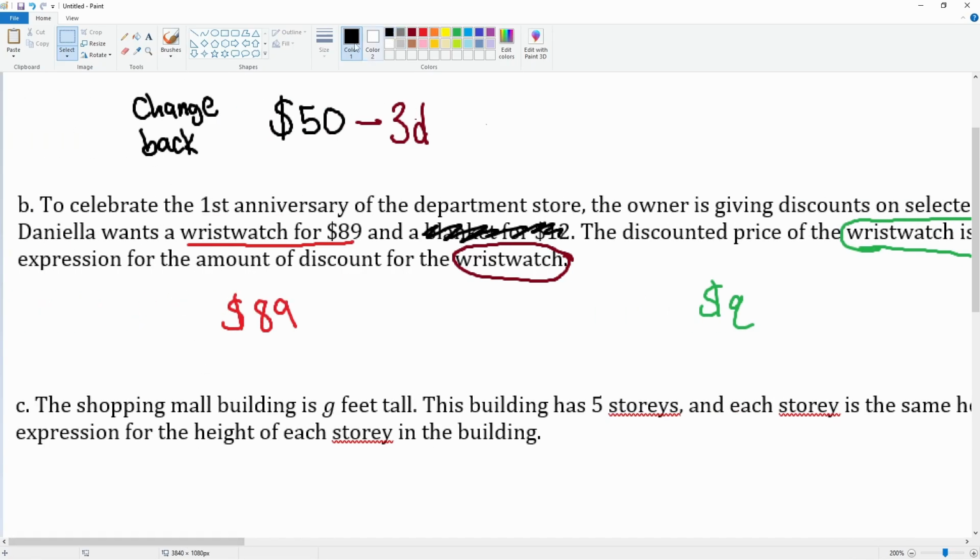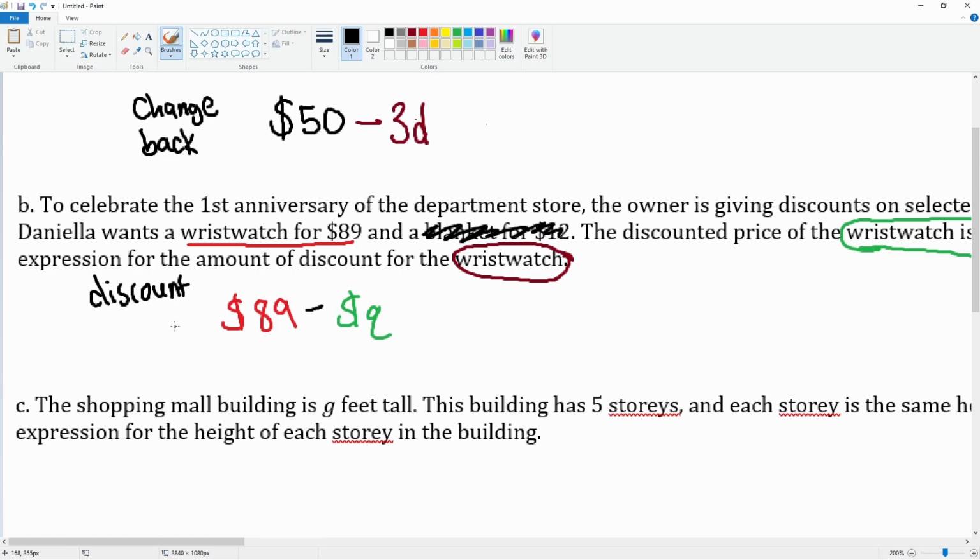Here's the discount, right? So what are we going to do with the Q dollars? Are we going to divide? No, because nothing is being broken down into pieces. Are we going to multiply? No, because the discount has nothing to do with the multiplying. We have to see if it's either adding or subtracting.